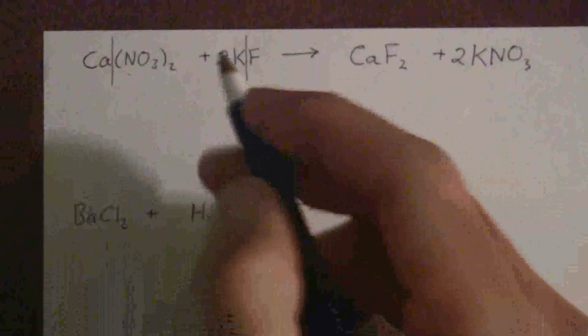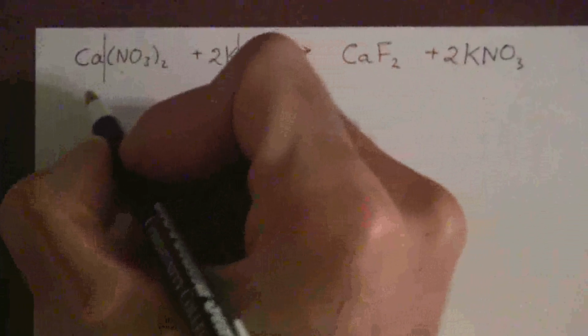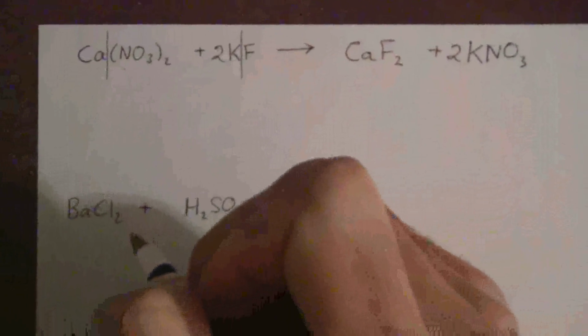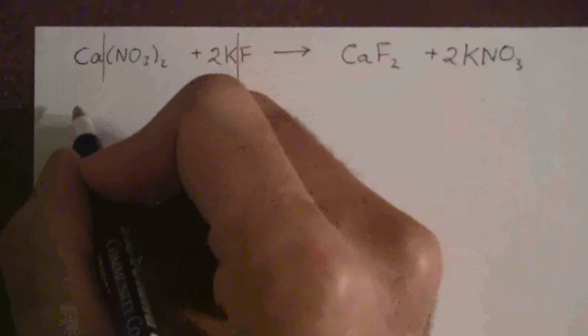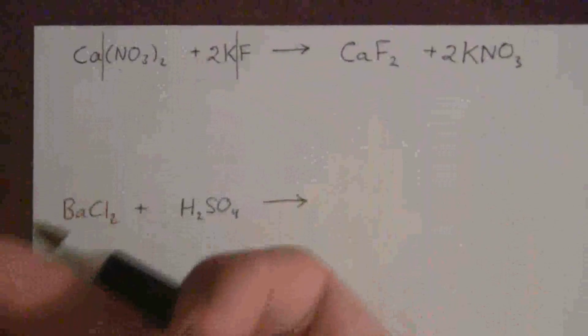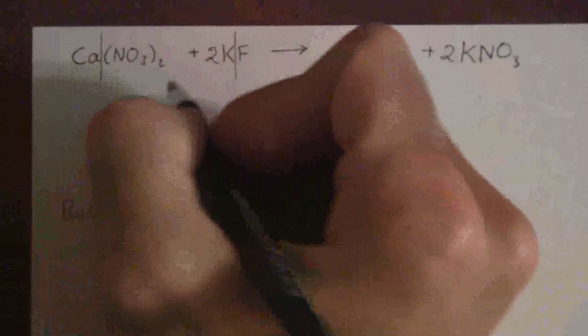Okay, and there's no exceptions to that rule. So calcium nitrate is no exception. That means when this is in solution, that is when we mix it with water, it dissolves.